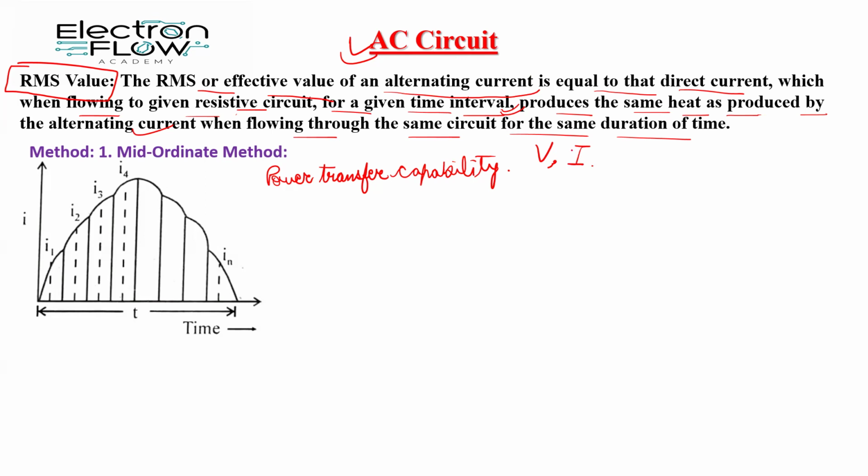The methods for determining the RMS value are basically of two types. Firstly, we are going to discuss method one, which is known as the mid-ordinate method. In this method, let us consider the current waveform shown in this figure.